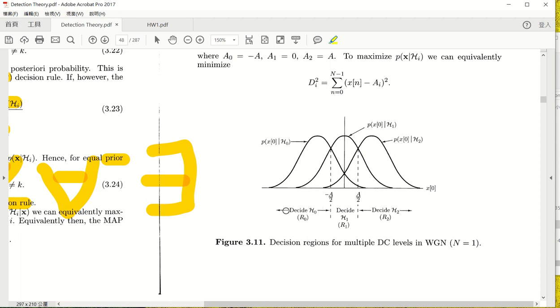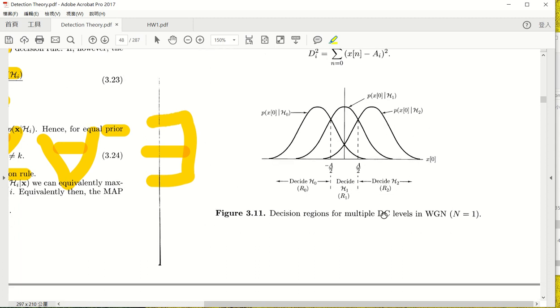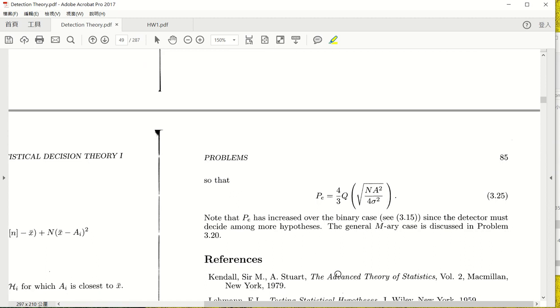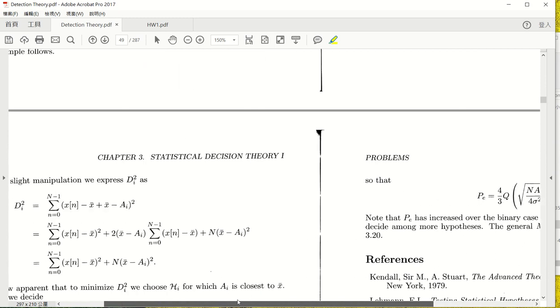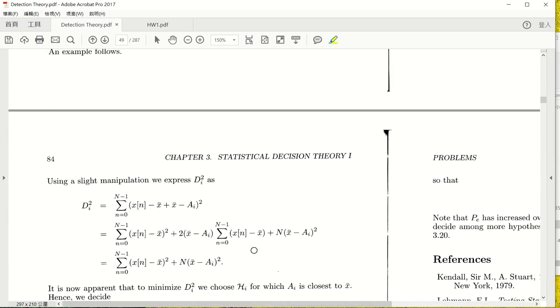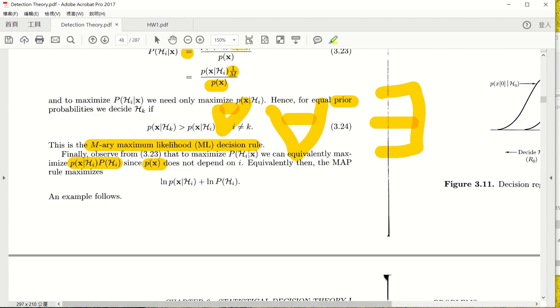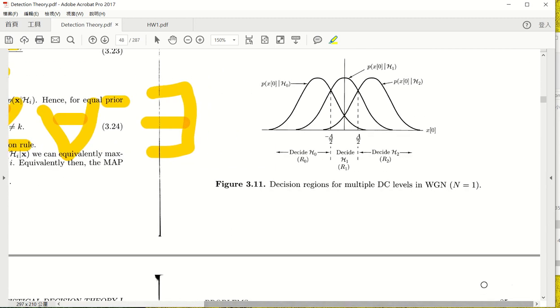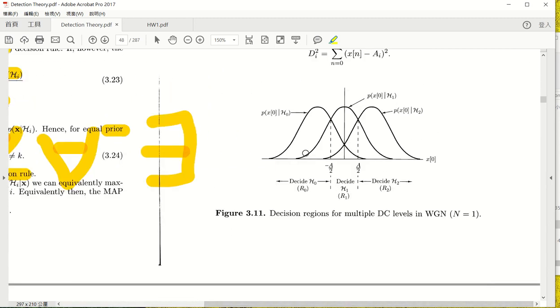One is to decide H0, the other is to decide H1, and the other is to decide H2. So that gives us a probability distribution under different circumstances. Now we have also set the thresholds and the regions for each decision.